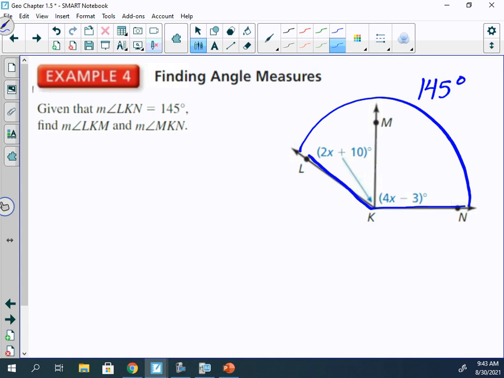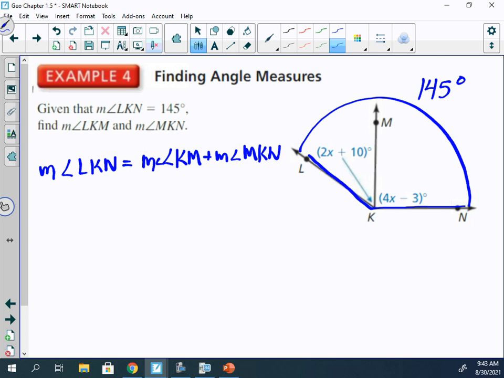The whole angle itself is 145 degrees. They told us that right out the gate. Well, from the formula we just had, the measure of LKN is equal to the measure of LKM plus the measure of angle MKN. Because again, the whole angle is equal to the sum of the two that make it up. Yes?